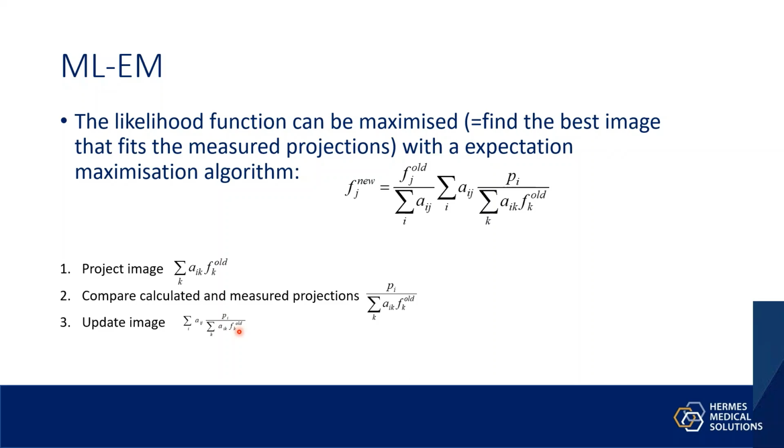So it works in the same way as I explained for the statistical algorithms. We apply the system matrix in here, then we compare the calculated and measured projections and update the image, and we run this loop as many times as we have to.